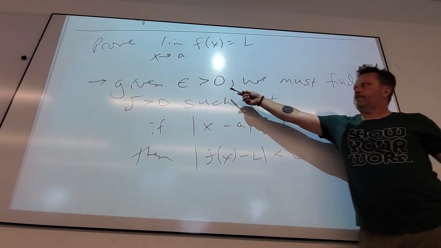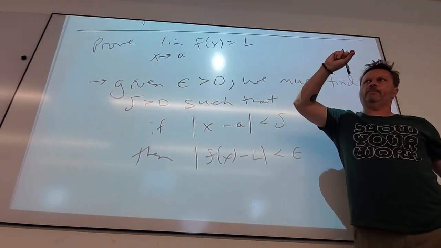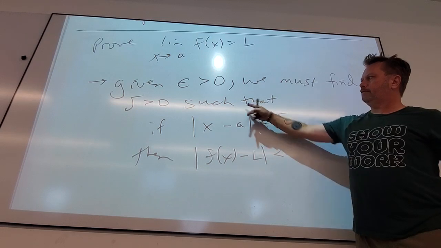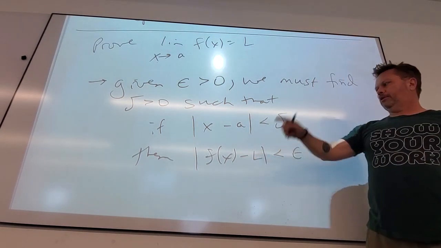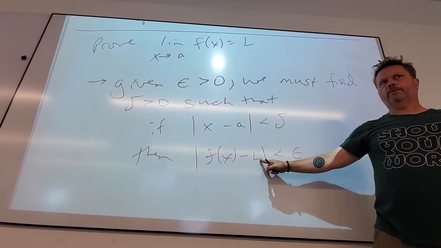Somebody tells me how far they need me to be from that limit number. I then figure out what delta has to be so that I'm always that close to the actual limit.